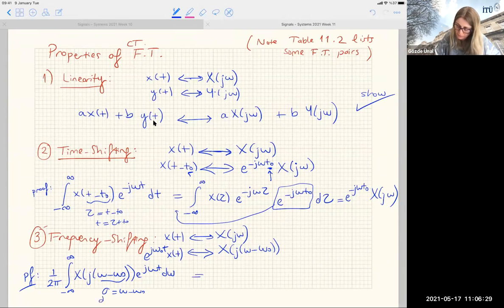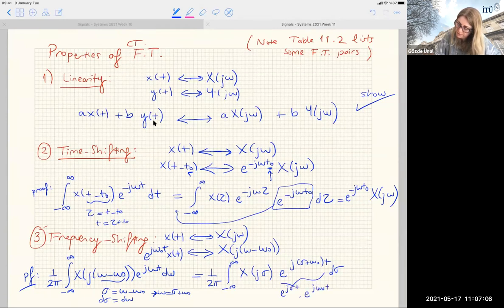d sigma is obviously d omega. So I will have 1 over 2 pi, minus infinity to infinity. From here, I need omega equals sigma plus omega 0, so e to the j sigma t d sigma, of course, this time. From here, you can see this is e to the j sigma t times e to the j omega 0 t. This will be independent of what we're integrating here.